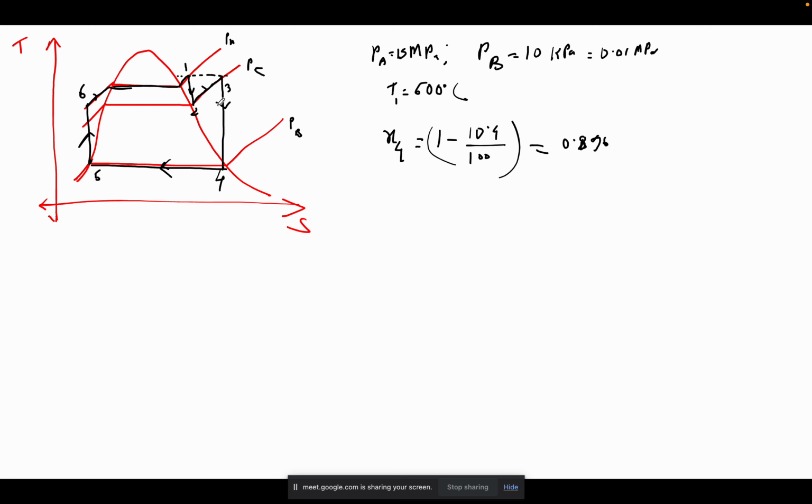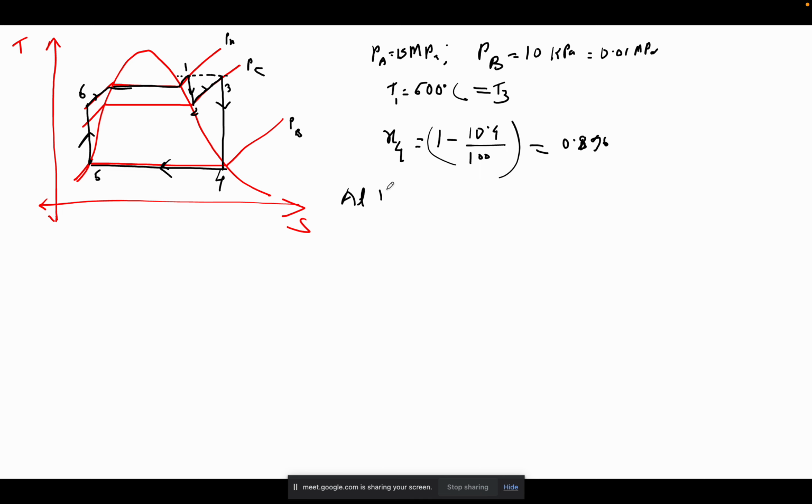Now one more thing we know: T1 is equal to T3, and that is equal to 600 degrees Celsius. So at point 1 we will know all the enthalpy values, and at point 3 we will know the enthalpy. From the steam table, what are the things that we require?